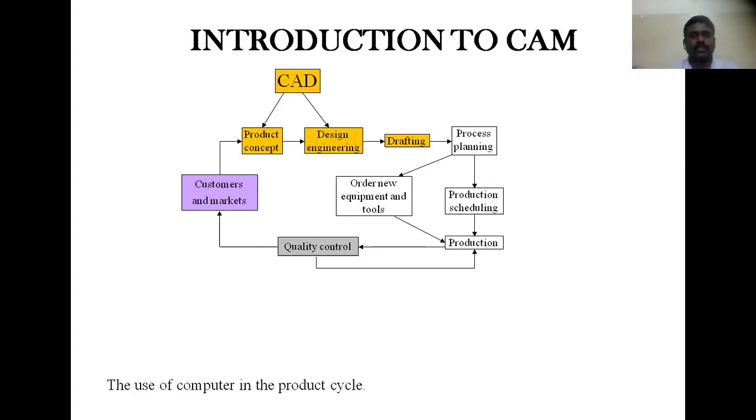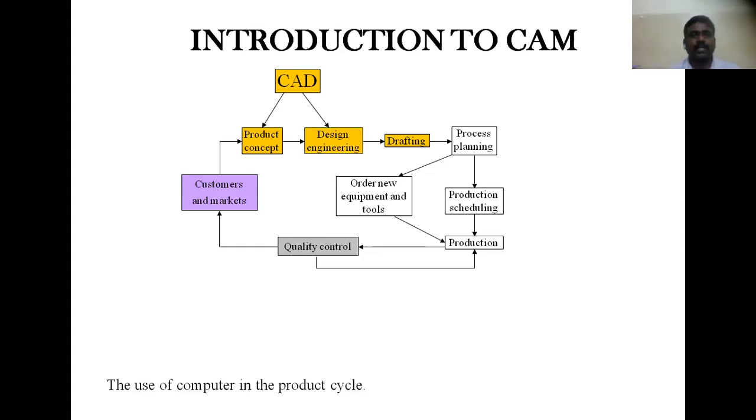As we know, an industry has various departments, mainly considered as two: the design department and the manufacturing department. So the subject name is also known as CAD and CAM, where CAD stands for computer aided design, and CAM stands for computer aided manufacturing.